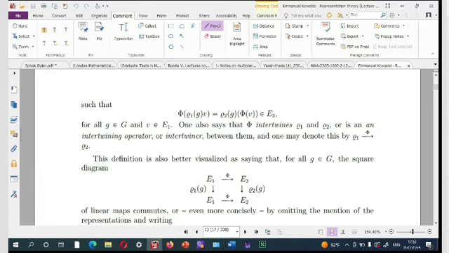So this composition is well defined: rho 2 of g composed with phi, and also this composition, phi composed with rho 1 of g.